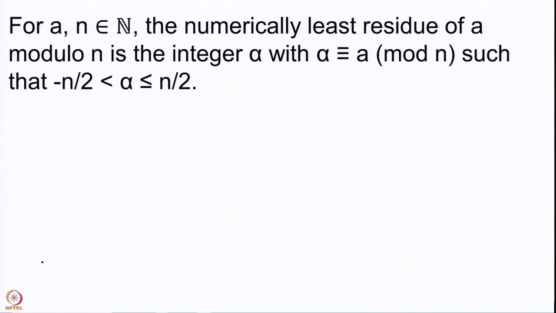So, this is the property which is giving it the property of being numerically least. This makes our calculations very simple. This can be defined for any alpha and any a.